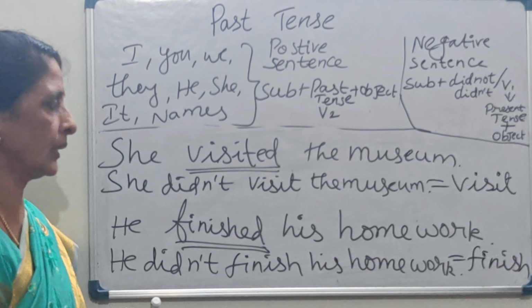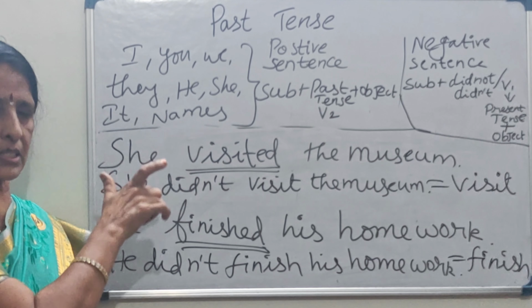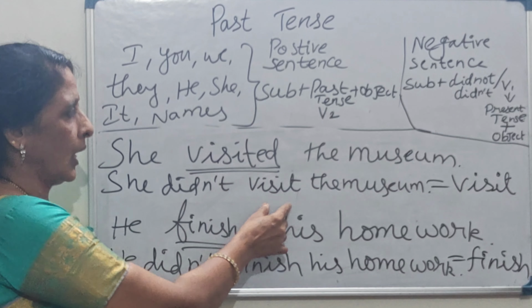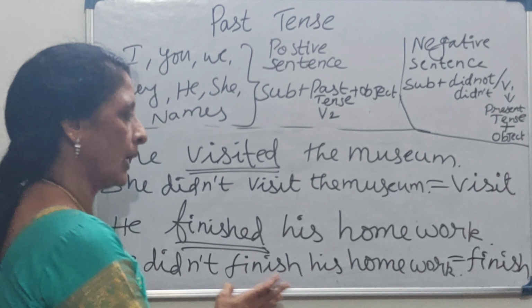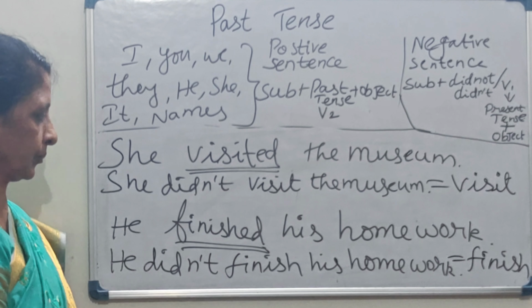You should know how to write positive and negative. Positive means we use past tense. Negative means did not or didn't plus V1, the present tense, whichever message you want to convey.